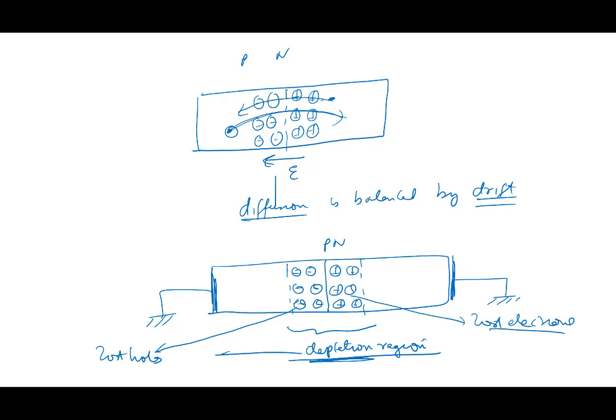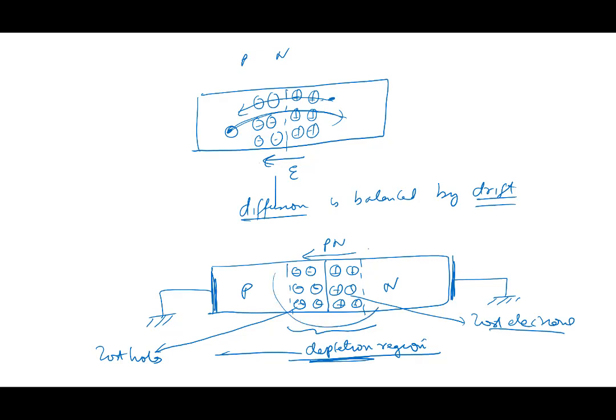Naturally, when there's an electric field there would be a voltage also. Which region would be higher in voltage? The electric field direction is here. This is the N region and the P region. The N region would be higher than this. So the electric field is in this direction.